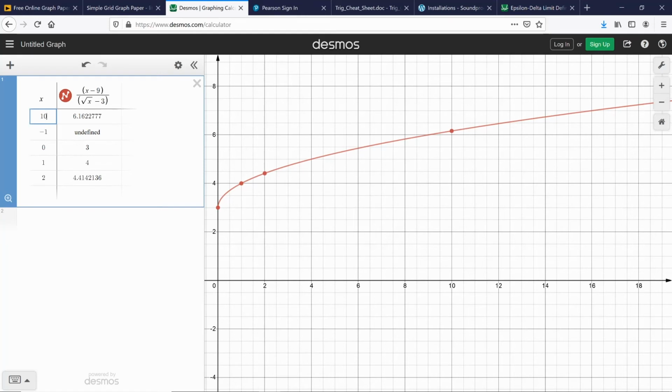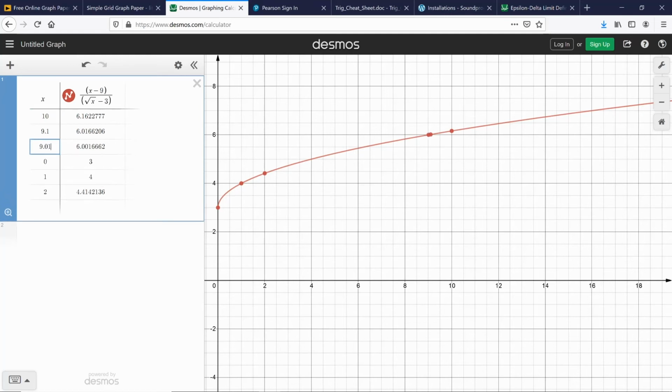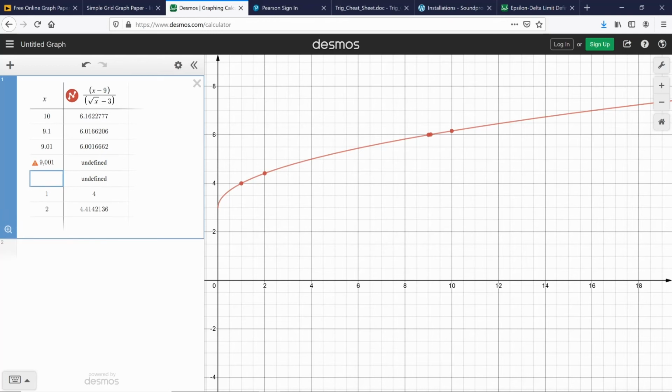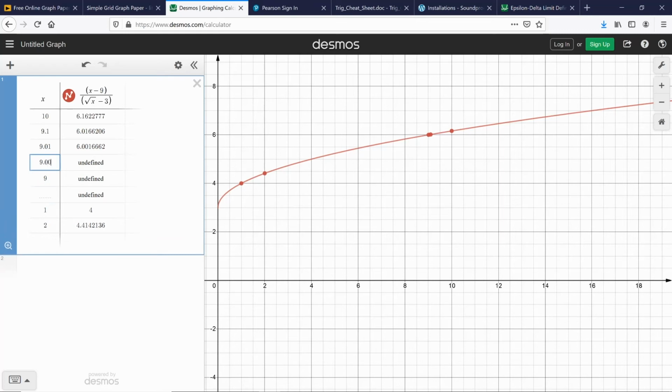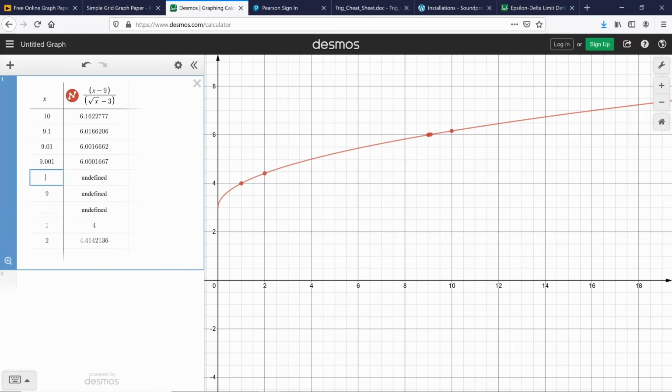So start with 10, and then I could do 9.1, 9.01, 9.001. Of course, if I try to put in exactly 9, you see what happens.